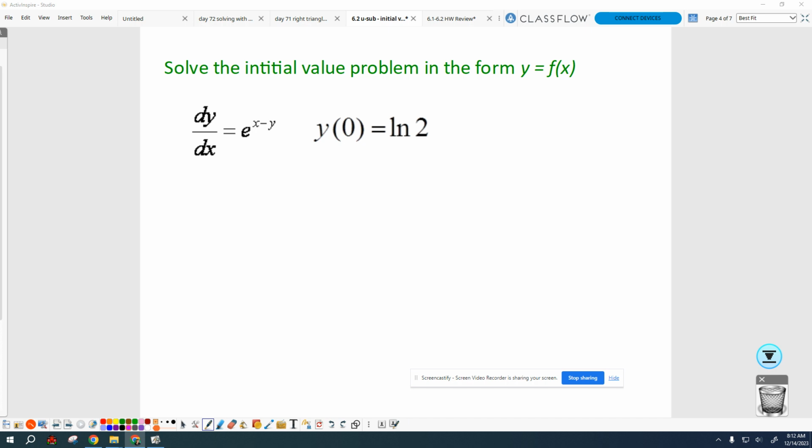Can anyone tell me how to separate them? Is it x over y? Yeah. So Preston, I need y's with y's, x's with x's. What do I need to do?